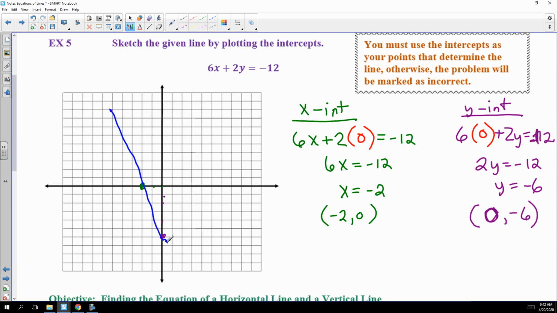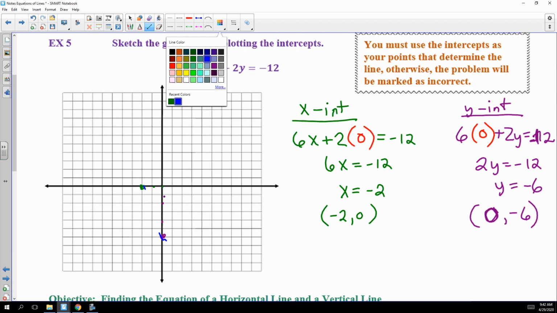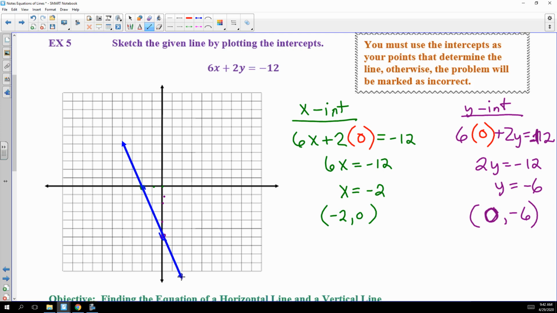Didn't quite manage that line. Let's try that one more time. All right, here we go. Through (-2, 0) and through (0, -6). And that's the graph of the line 6x plus 2y equals -12.